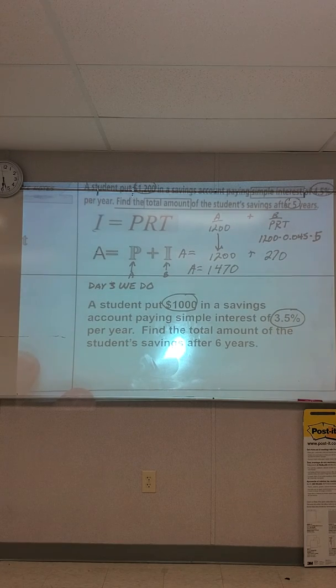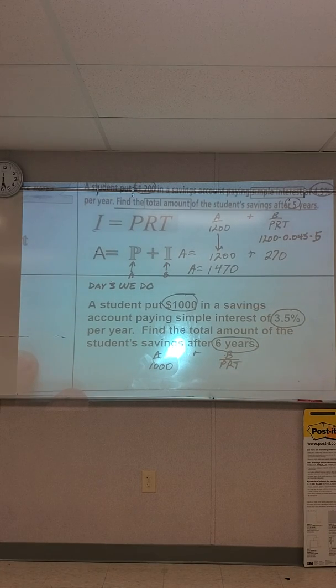Here's our rate. Here's our time. So, there are two parts. A plus B. We know that $1,000, that is our principal, and we know that principal times rate times time, that gives us our interest.